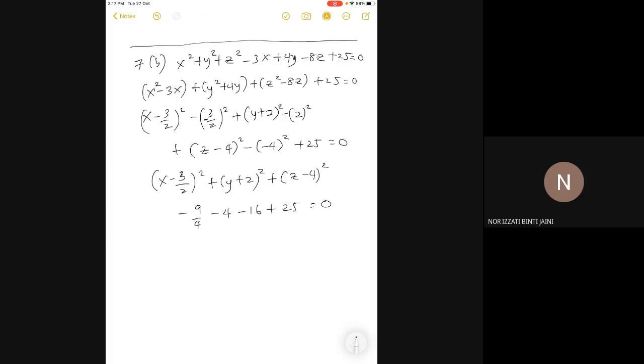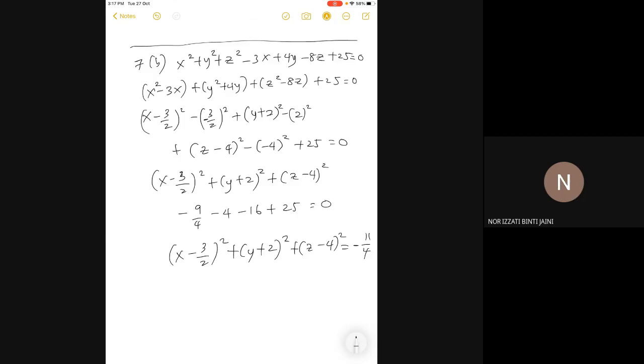So it will be 11 over 4. So (x minus 3 over 2) squared plus (y plus 2) squared plus (z minus 4) squared. So 11 over 4, if I bring it to the other side, it will be negative 11 over 4.